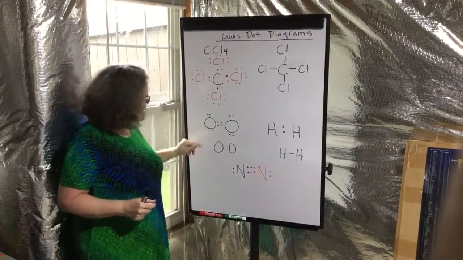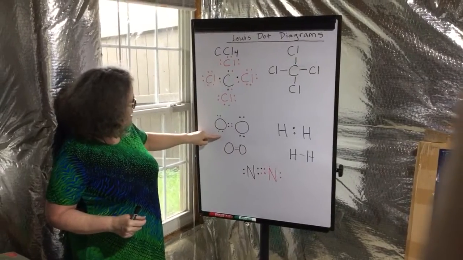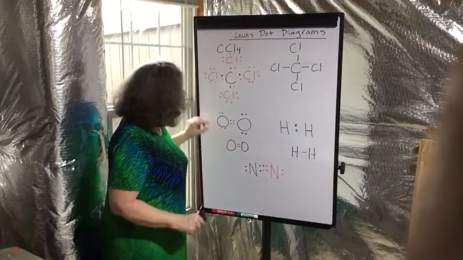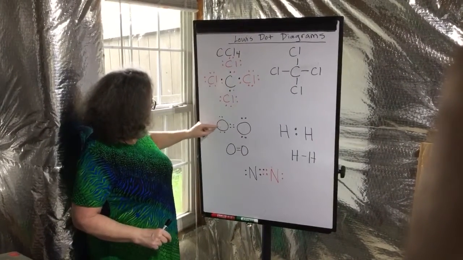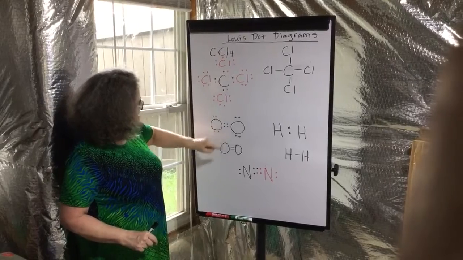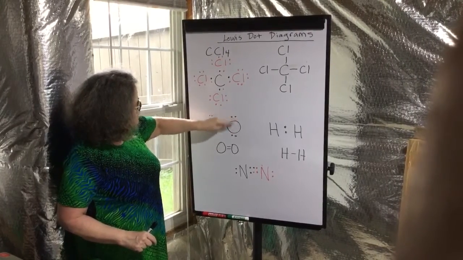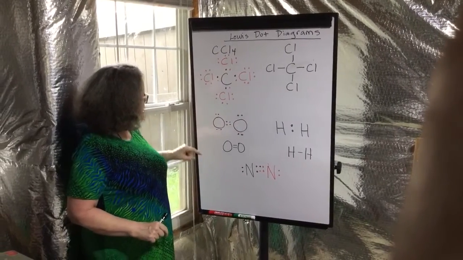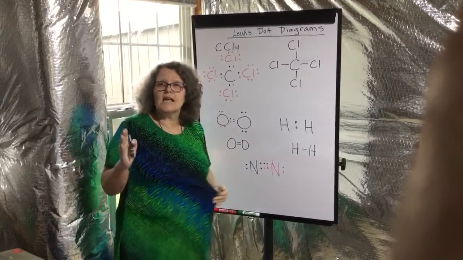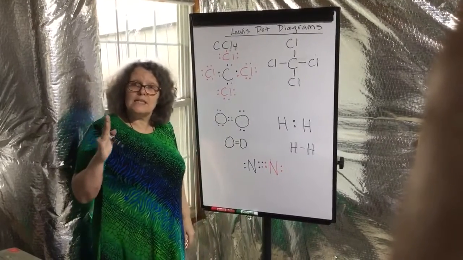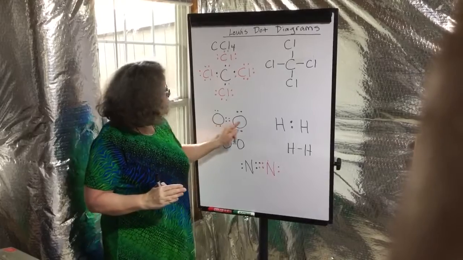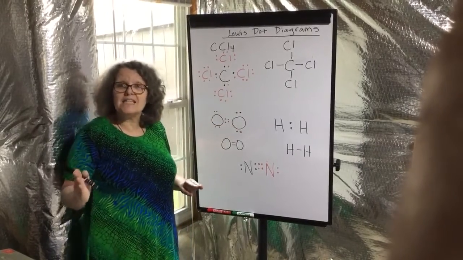Now, I can look at oxygen. Each oxygen is in group 6. That means it has 6 valence electrons. So I put 6 dots, 2, 4, 6. And we look at this oxygen, 2, 4, 6. Now, in order to satisfy the octet rule, each of these oxygens wants to have a total of 8.